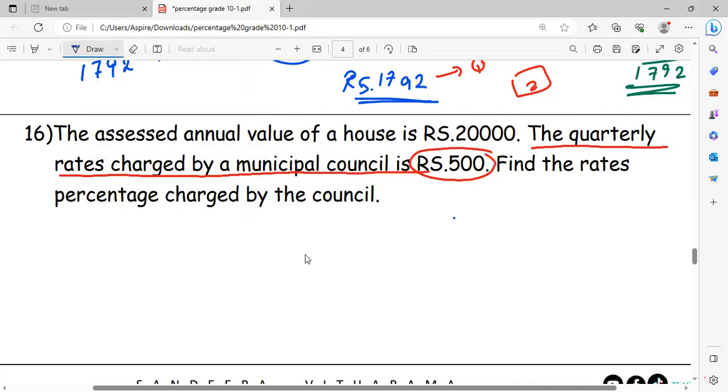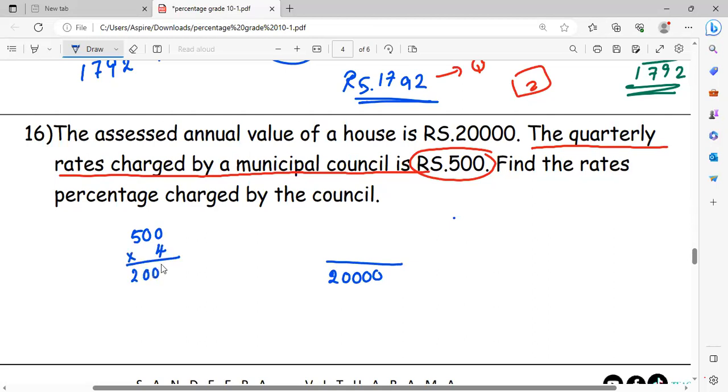Okay, then to calculate the percentage, that means rate percentage means the amount that we have to pay when the assessed annual value of a house is 100 rupees. Now it is given if it is 20,000, is it 500? No, 500 should be multiplied by 4, because it is the quarterly value.